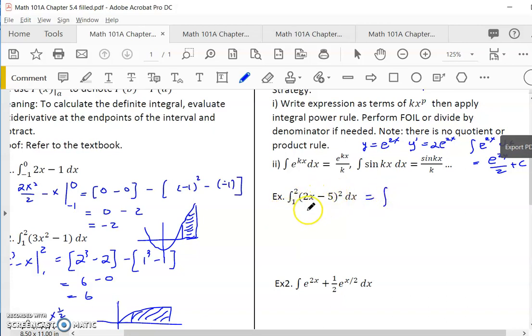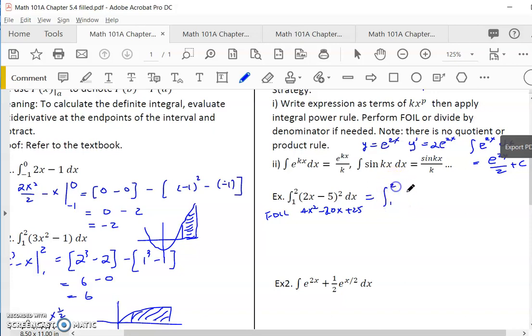2x minus 5 squared is 4x squared minus 2 times 2 times 5, so it'll be 20x, plus 25. I FOIL it so that I have individual terms, because my power rule is on individual terms.